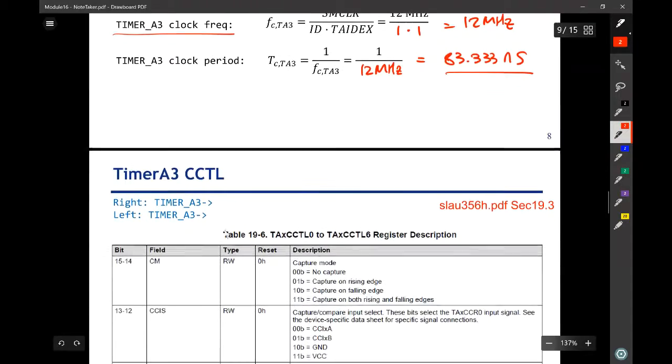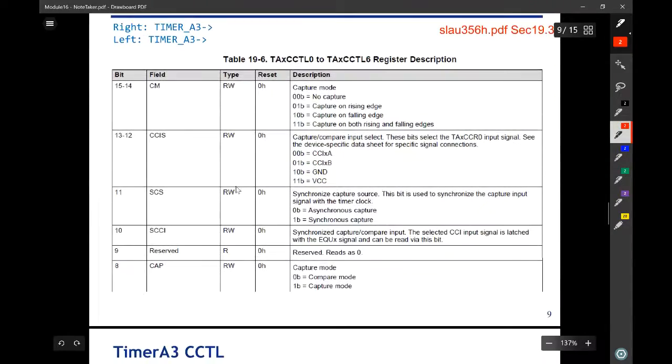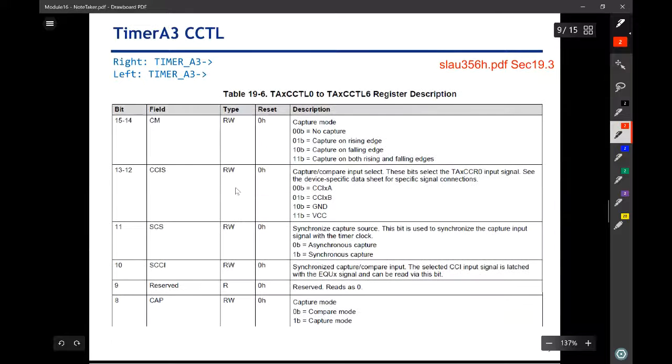Right, and then the next register is CCTL. As you remember, I hope, we have CCTL0 to CCTL6. We use 2 CCTL registers, one of them is CCTL0, and another one is CCTL1. CCTL0 is for your right wheel, and CCTL1 is for your left wheel.